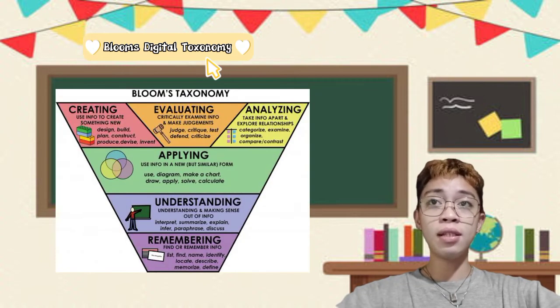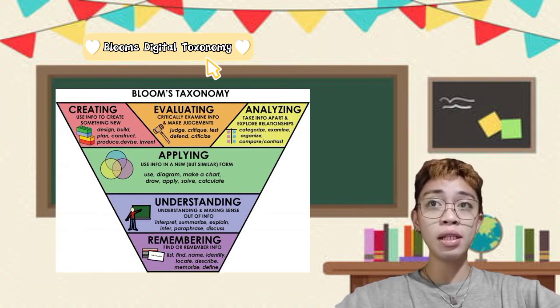Next one is Bloom's digital taxonomy. This model helps to navigate through the myriad of digital tools and make choices based on the kinds of learning experience we want students to engage in.